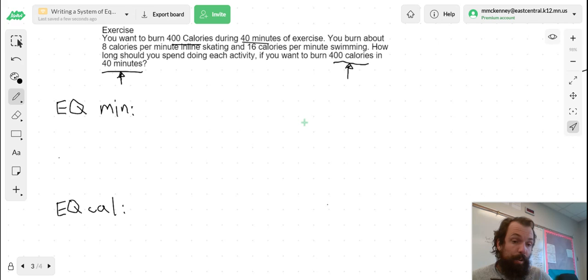We have to see how many calories we burn every minute we skate: 8 times the number of minutes X, plus a variable for every minute we swim. How many do we burn? 16. So 8 times the minutes we skate plus 16 times the minutes we swim. This is our equation for our calories.